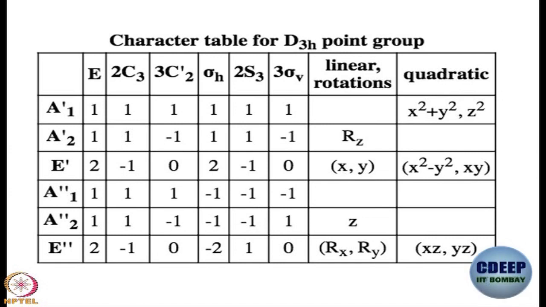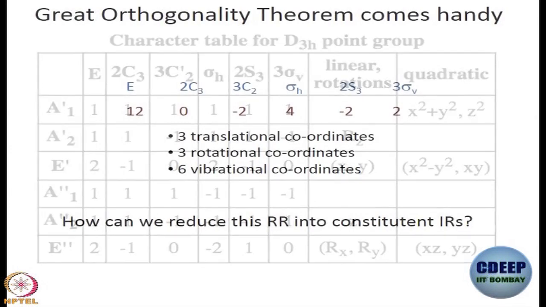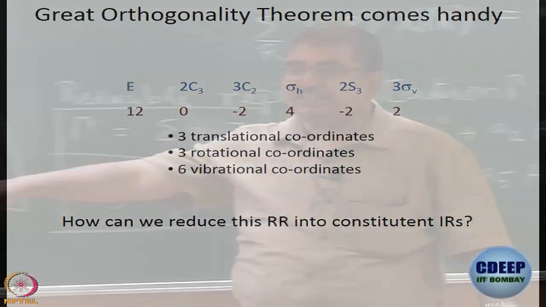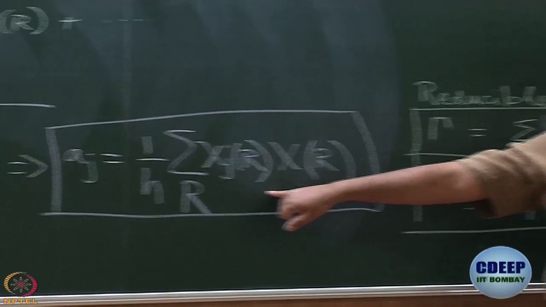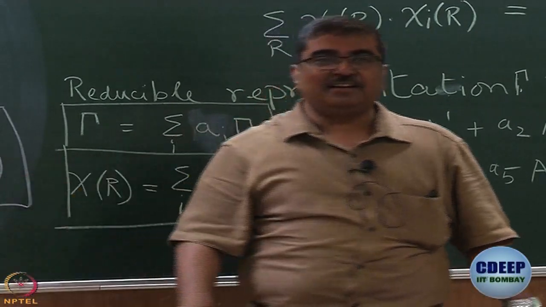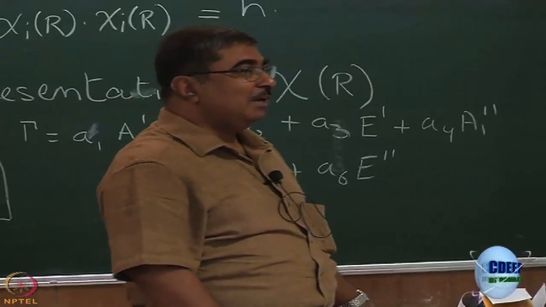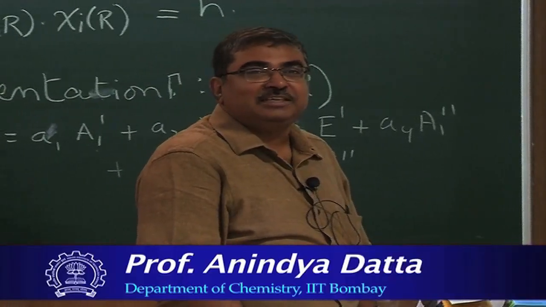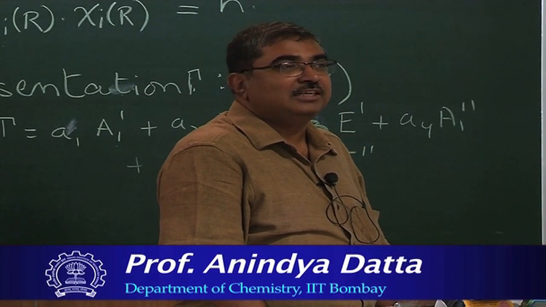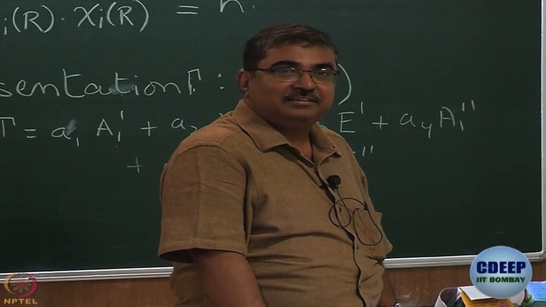Now I want some answers. Homework: you have this character table D3h, you have this reducible representation, and you have this rather simple mathematical expression by which you can decompose, or maybe again I will resort to dramatics a little bit, by which you can reduce the reducible representation into its constituent irreducible representations that cannot be reduced any further, right.